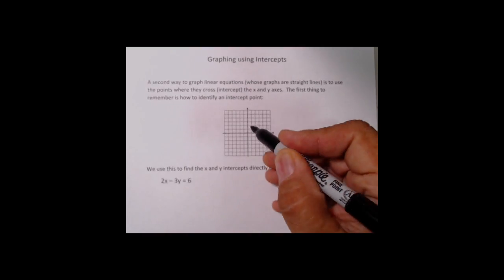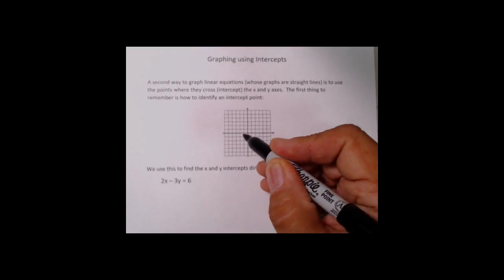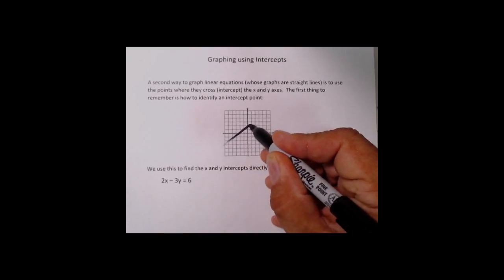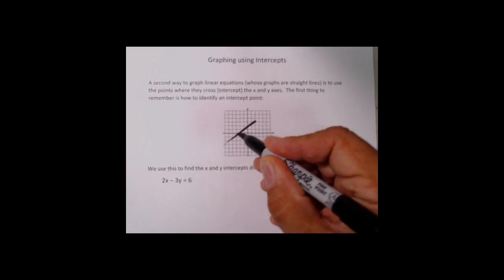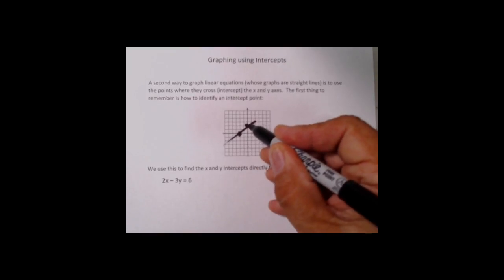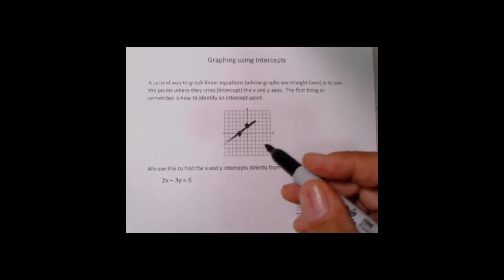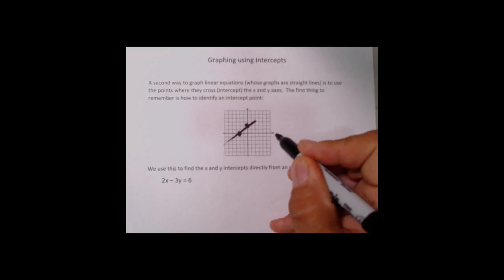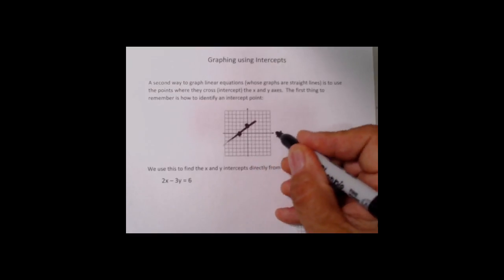and y axis. So for instance, we could have a line, say, that went like this, and crossed here and here. And then we would simply say this. What is the intercept point? Where does this cross on the x-axis?